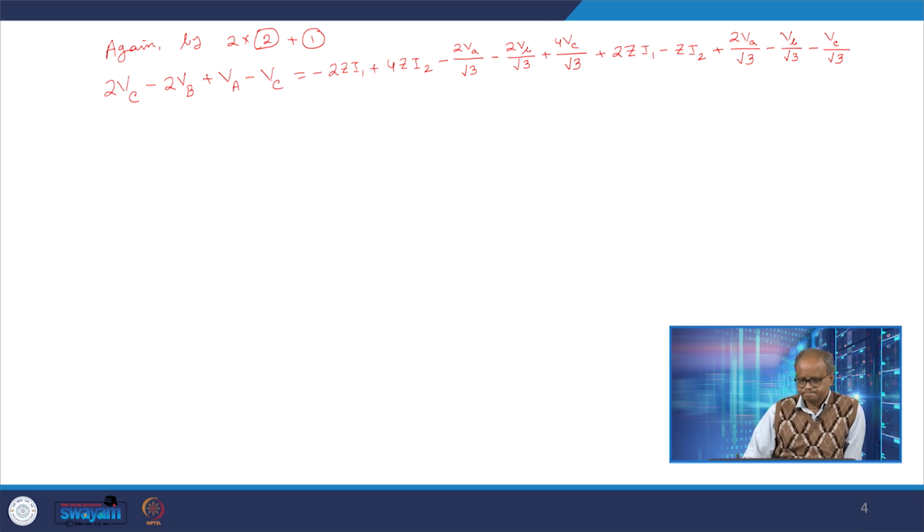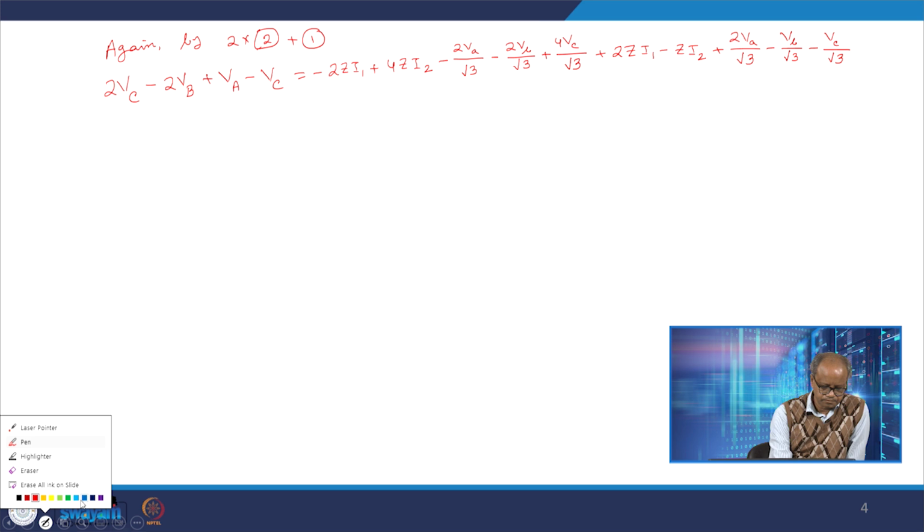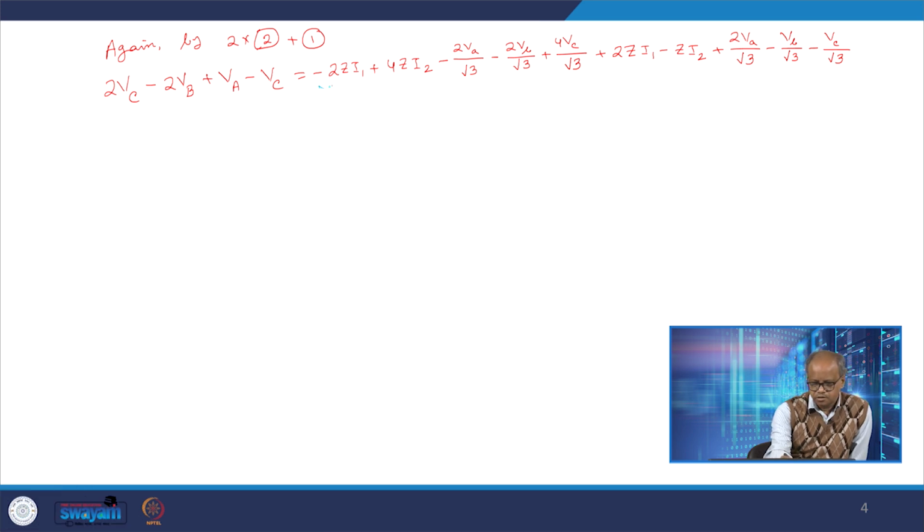So this is it. Again we note that this part is 2 into I2. So this is 2 into equation 2 and this part is equation 1.